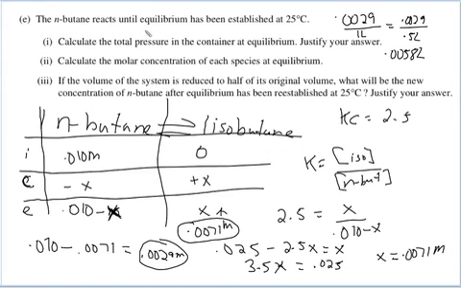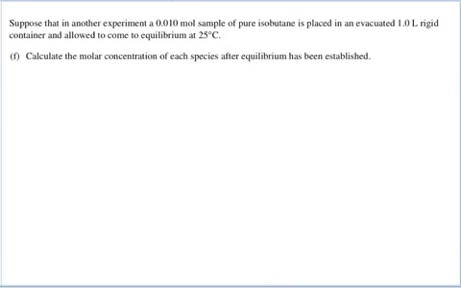Since we're at the same temperature and the same conditions, it's not really going to change the concentration, because the equilibrium constant is going to be the same no matter which way the reaction is going. So it should be the same as before. That's it for this one.